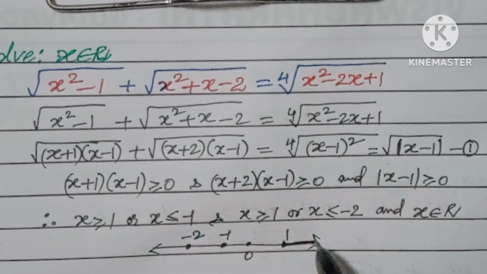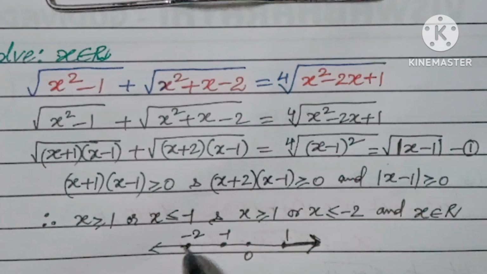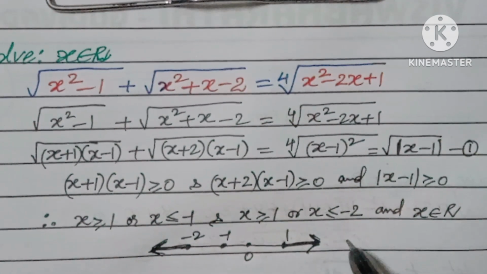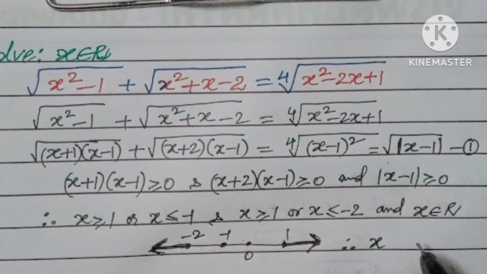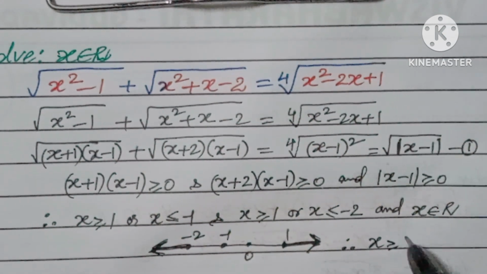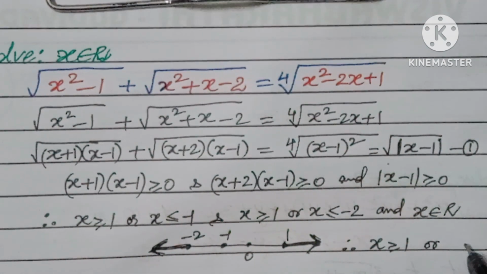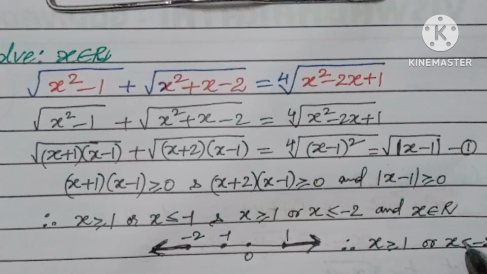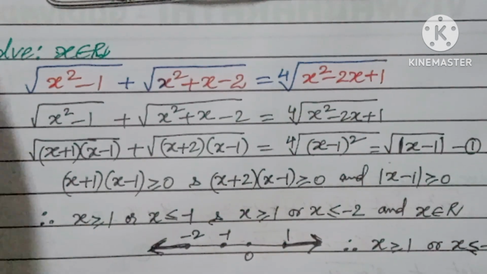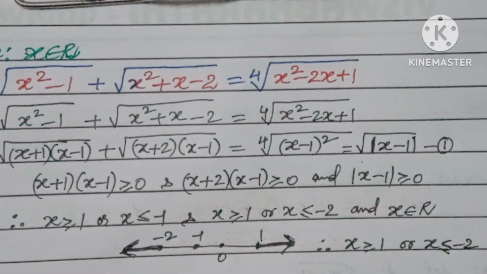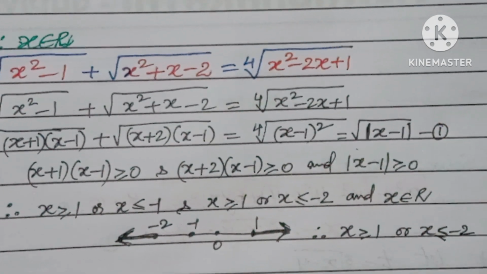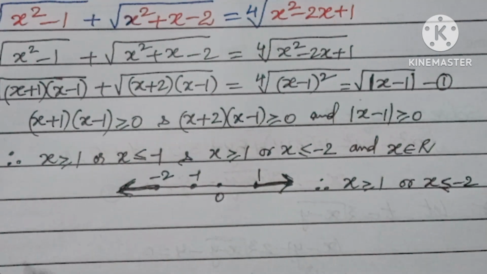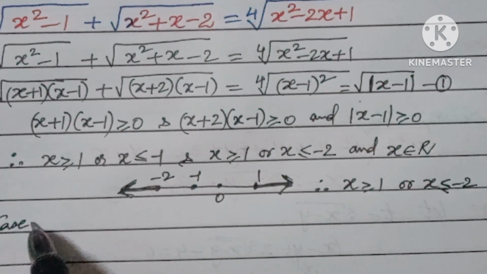If you combine all this data, the possible values of x will be x greater than or equal to 1 or x less than or equal to minus 2. So here you'll get two possible cases. One is x greater than or equal to 1 and the other case is x less than or equal to minus 2.